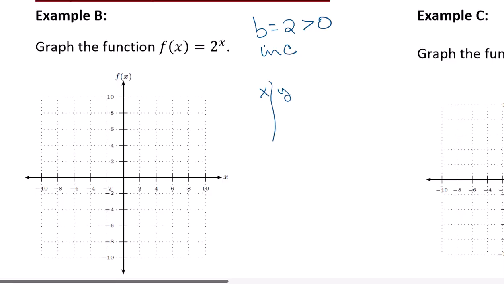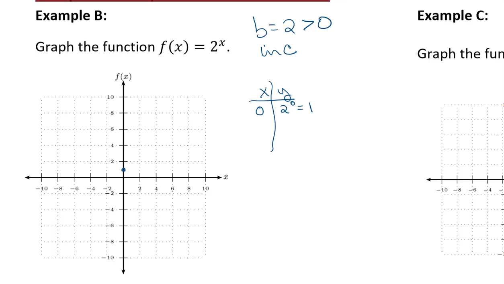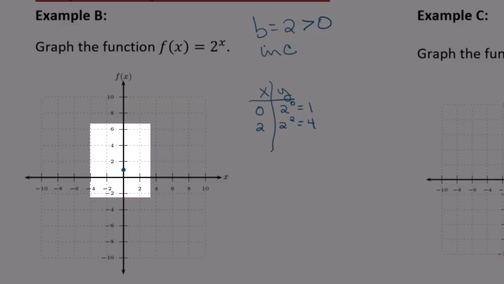Do a t-table and find some values in order to graph this function. I always like starting with 0. 2 to the 0 power, well, that just equals 1. So when x is 0, y is 1, would be right there. Let's go ahead and plug in 2. 2 squared will give us 4.